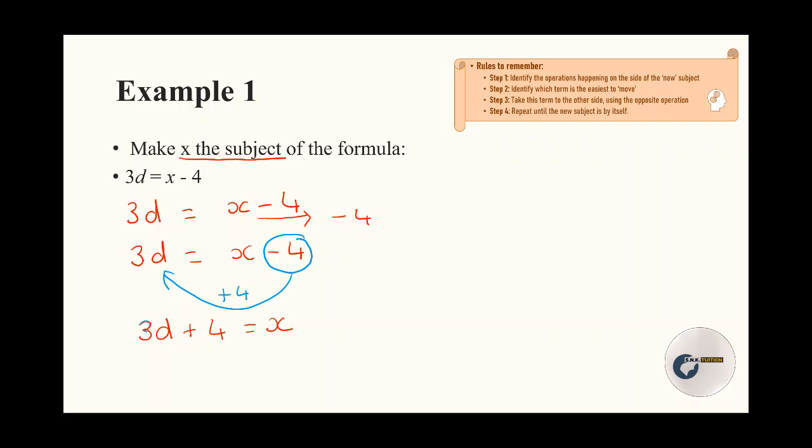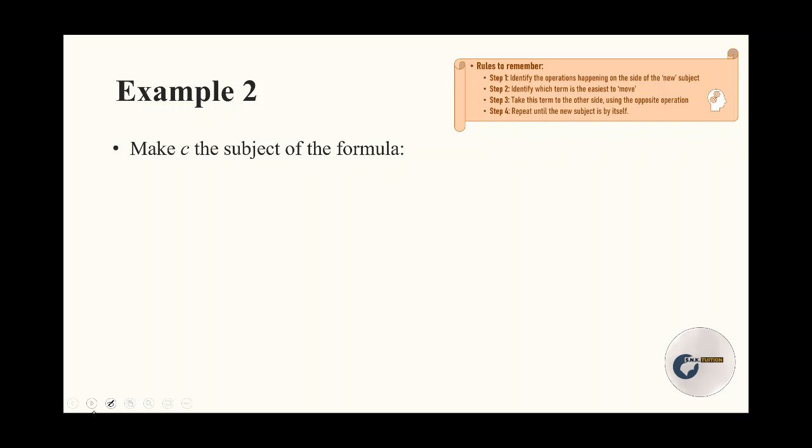Now, to write this as our final answer, you would write x is equal to 3d plus 4. Although you'd still get it correct if you wrote it like this, it's better to just have the new subject on the left side.